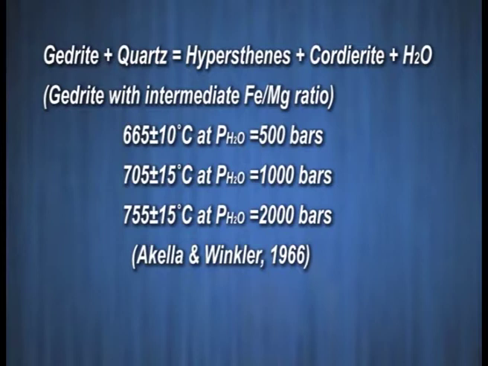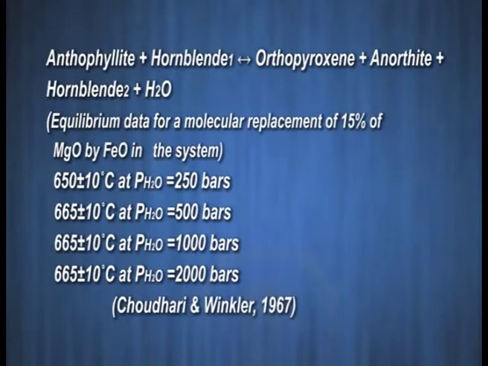Anthophyllite plus hornblende 1 give rise to orthopyroxene plus anorthite plus hornblende 2 plus water. Equilibrium data for a molecular replacement of 15% of MgO by FeO in the system.